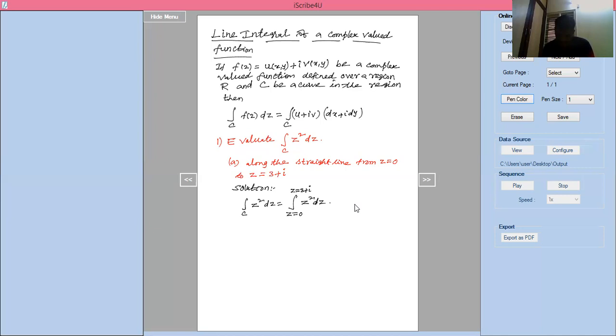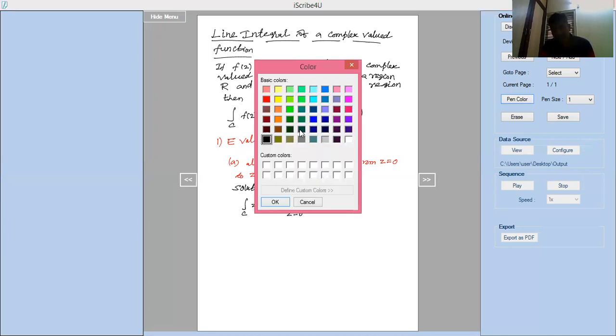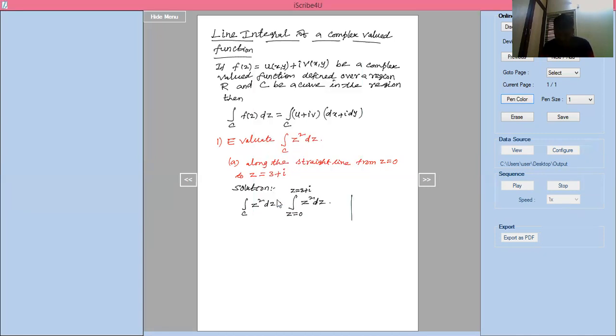Now, we will take the curve in the form of a graph: this is the x-axis, this is the y-axis.